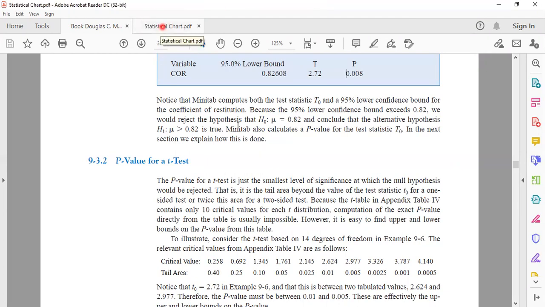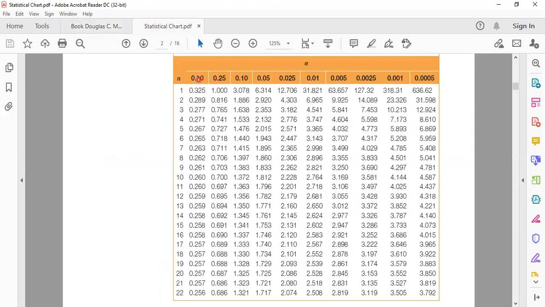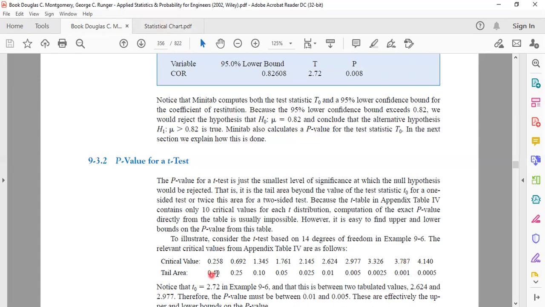Tail area. Just look at this. The levels of significance are actually the tail areas. The levels of significance we have are 0.40, 0.25, 0.10, and so on up to 0.0005. Here you see the same thing has been written: 0.40, 0.25, 0.10 up to 0.0005.